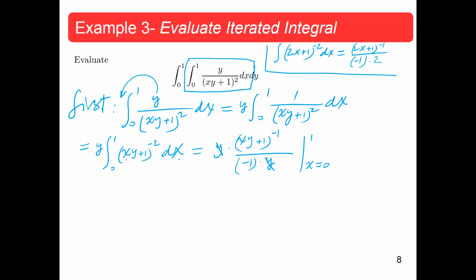If you want to write it in a better way for you to see it more directly, you can say this is the negative reciprocal of xy plus 1, and my x goes from 0 to 1.